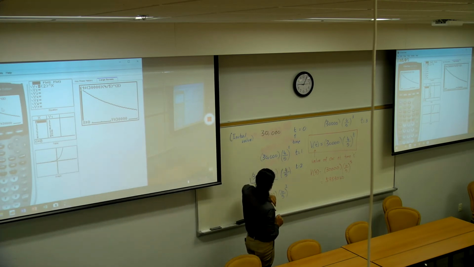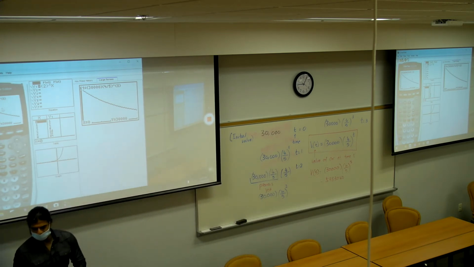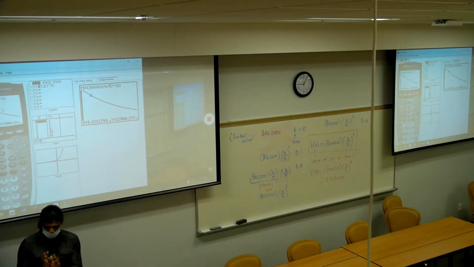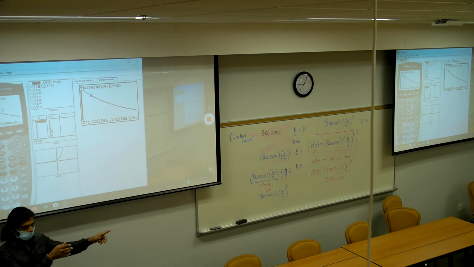When t is equal to 1, we had a number already. What was that number? t equals 1, we could find it here too. So it's actually 1.02. We get 23,886. The correct answer was 24,000, right? And t equals 1.